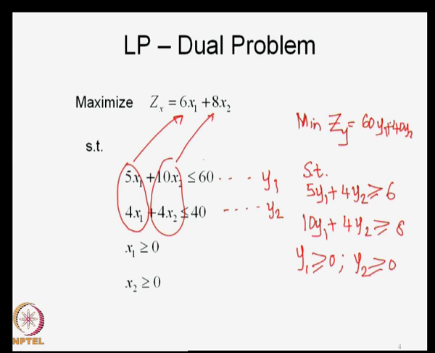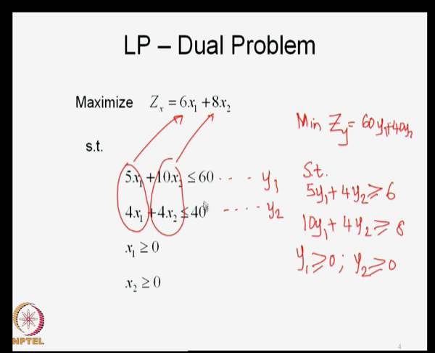Now, look at what we did in this case. We first looked at the nature of the objective function. The nature of the objective function was maximize. I wrote it as minimization in the other problem. It was written in terms of the variables x, and I am writing it in terms of variable y. Therefore, I write it as minimize z y.